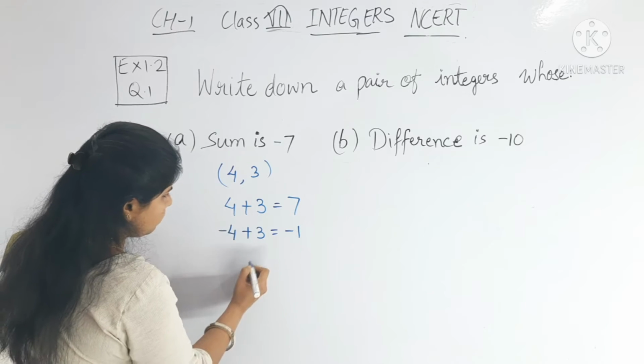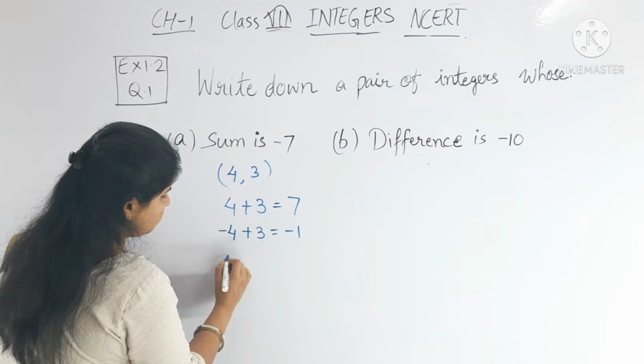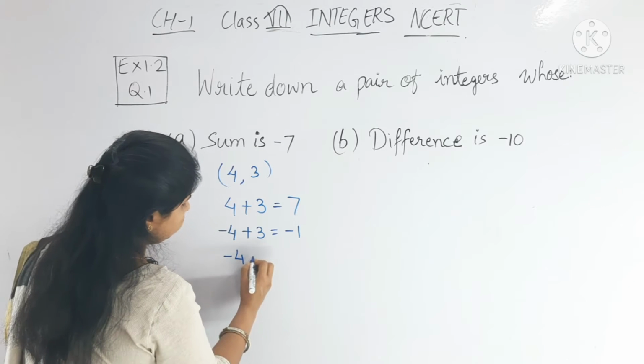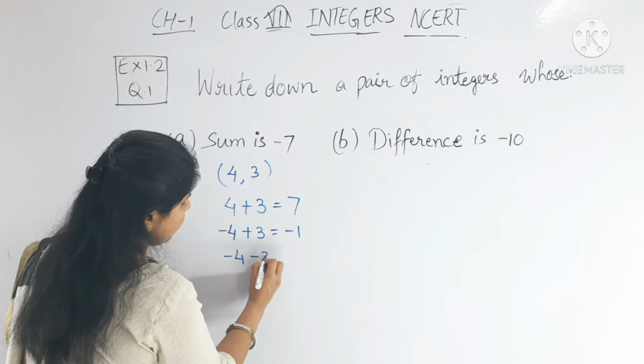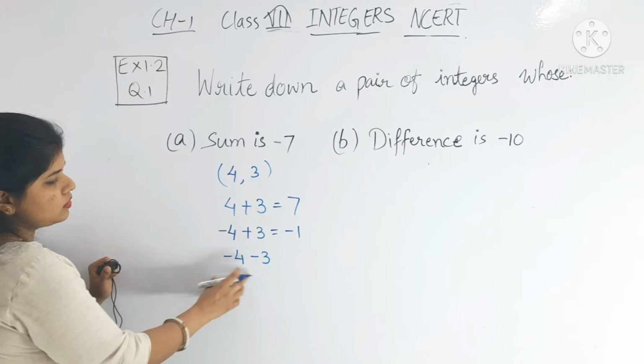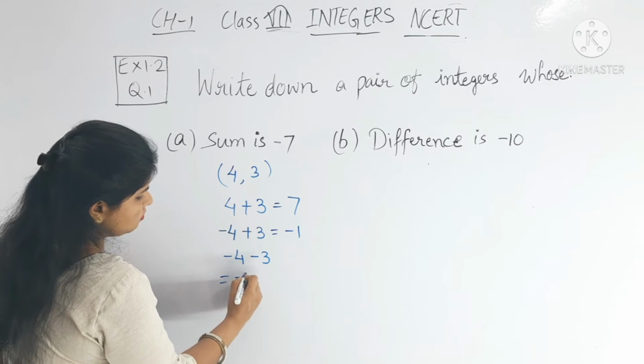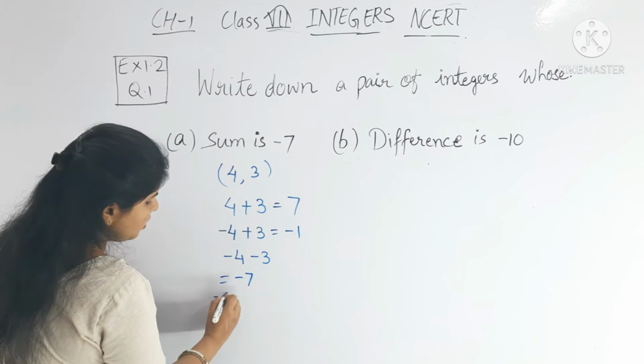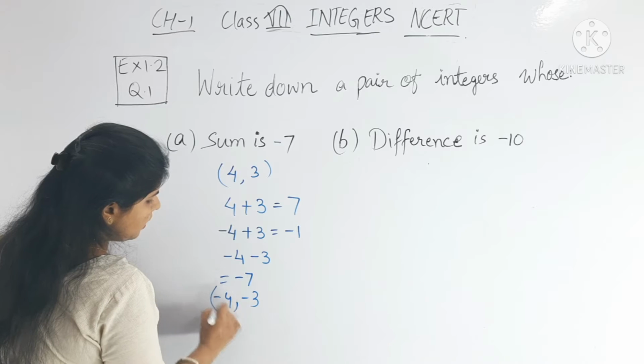So minus 4 and minus 3. This will come minus 7. So my answer will be minus 4 and minus 3.